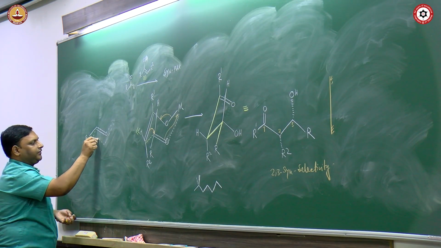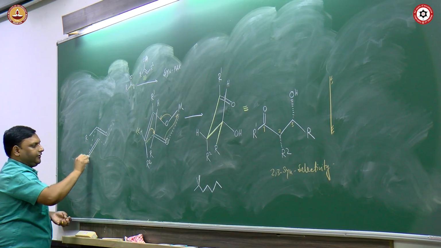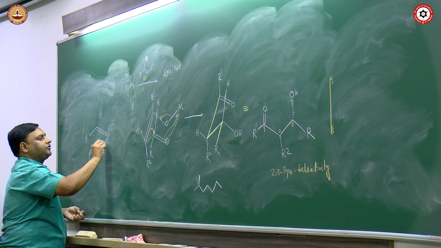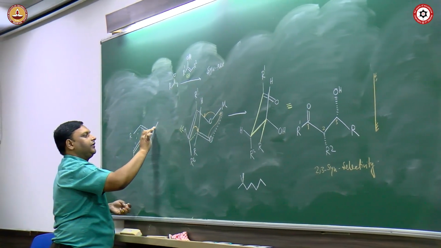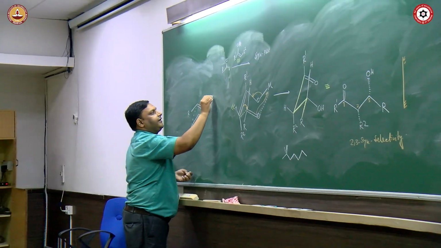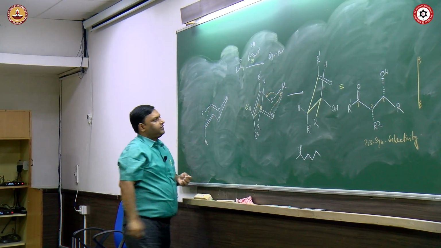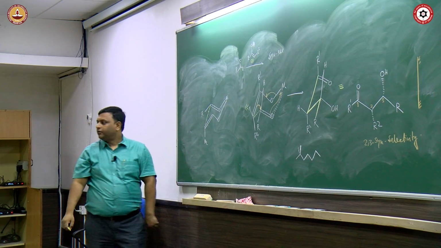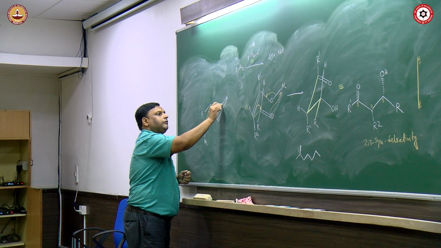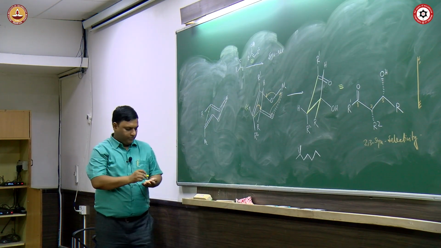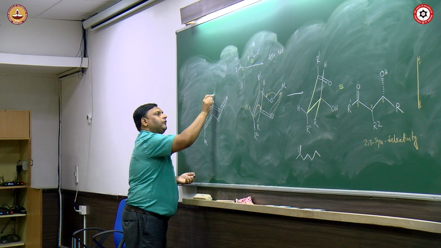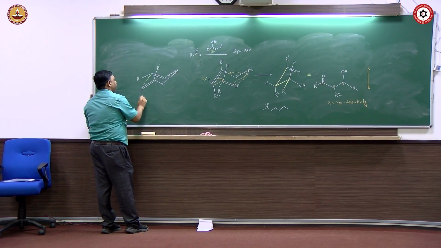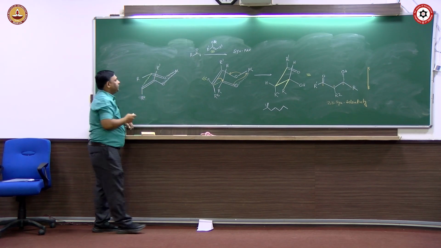Then I would have an enolate, and that is the Z enolate, and we should have an oxygen, and that is the metal which is connected to this one, and this is the new bond which is going to be formed, and this is the coordination of this one. We have R1 and R2.